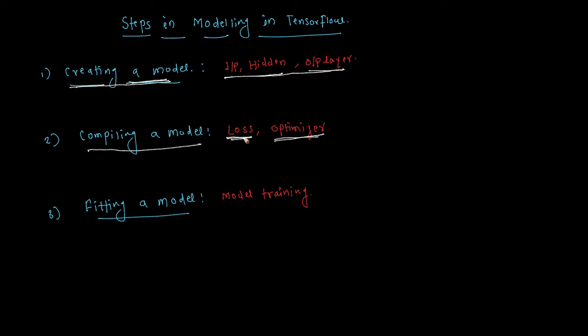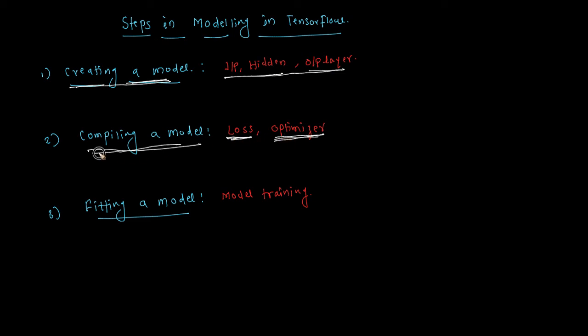We decide the loss, whether it's mean squared error or mean absolute error. And we also decide the optimizer, whether it's SGD or Adam or any other optimizer, right? So in the second step, we decide how we will measure the performance and how we will train the model.